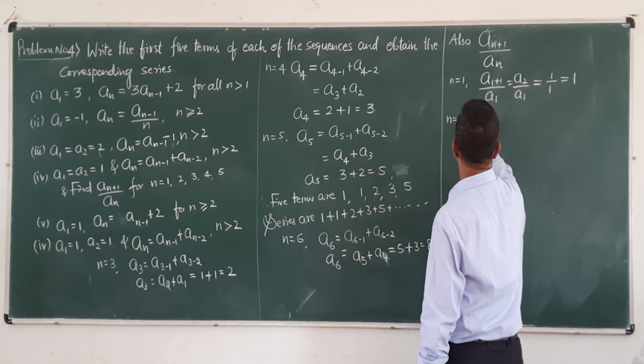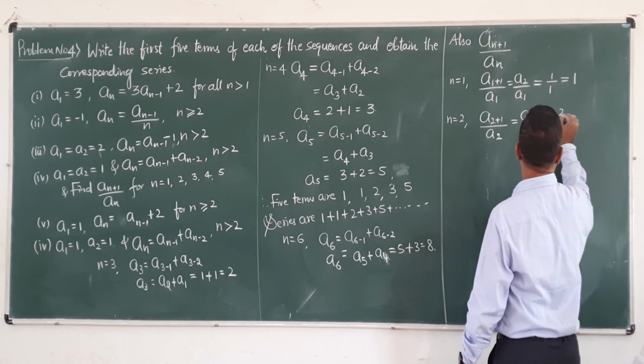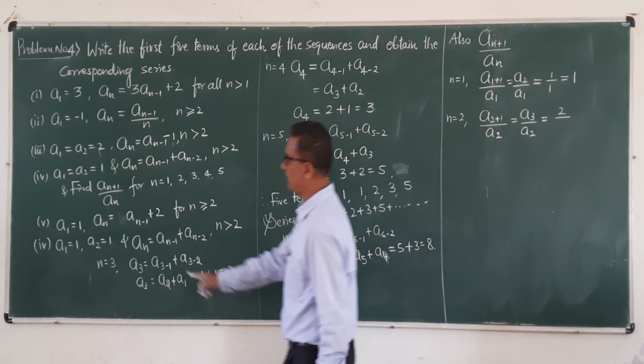That is a3 divided by a2. What is the a3 value? The a3 value is 2, divided by the a2 value, 1. Using the previous result, a3 value is 2, a2 value is 1, 2 divided by 1, that is 2.